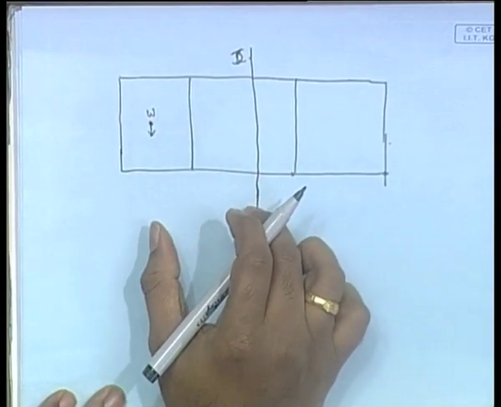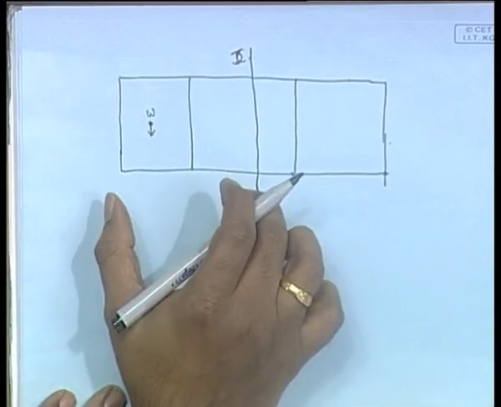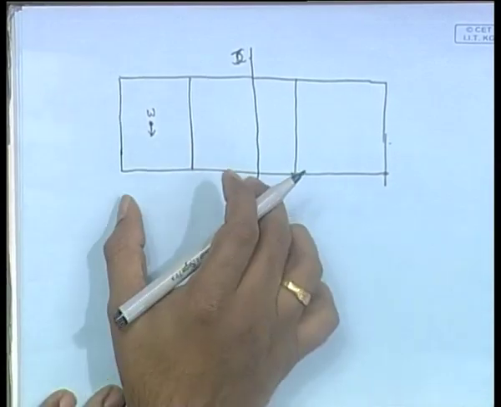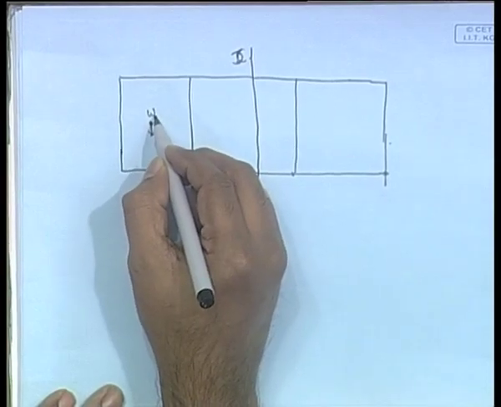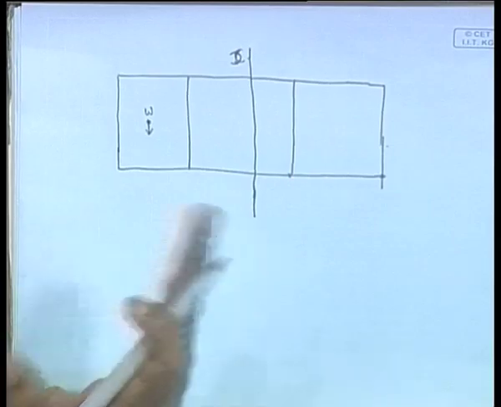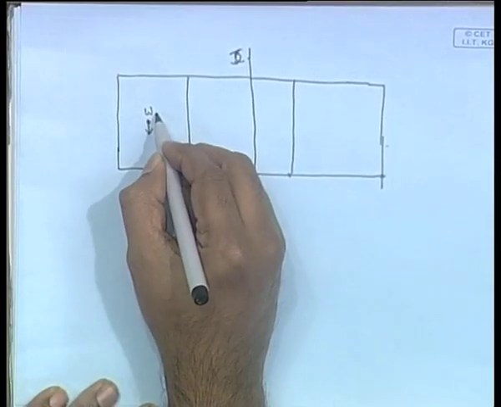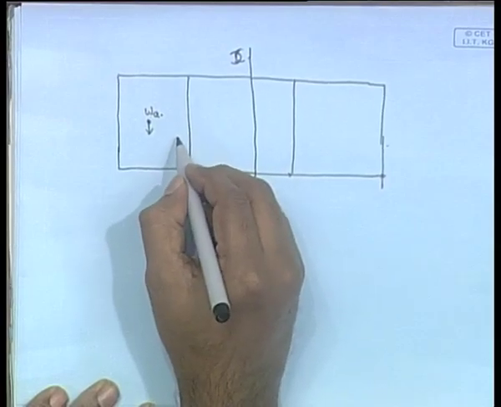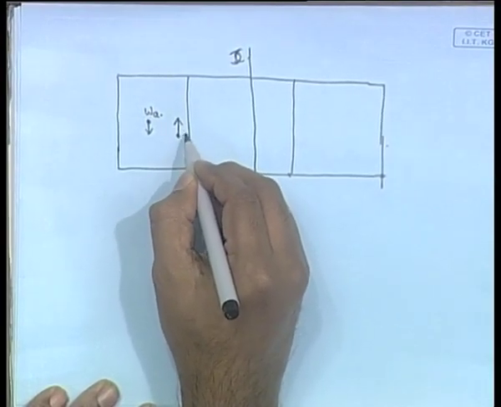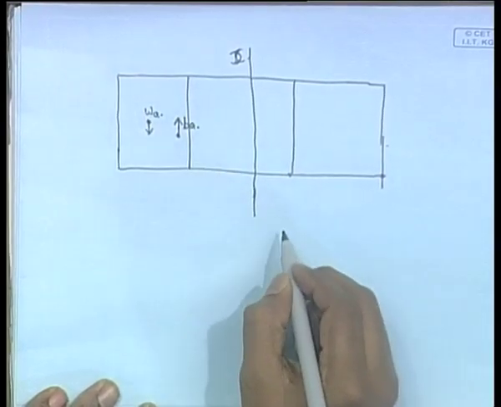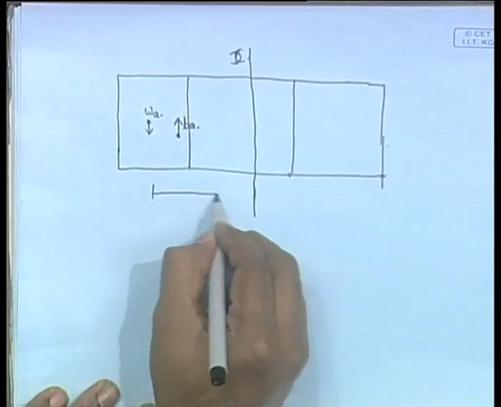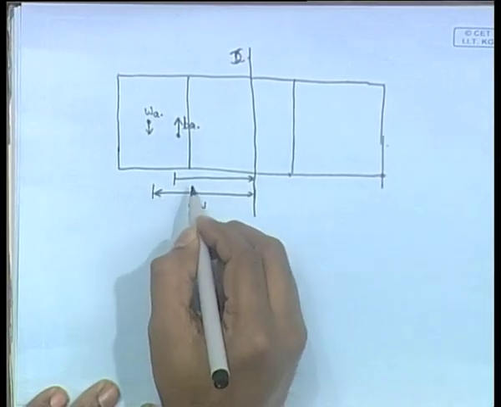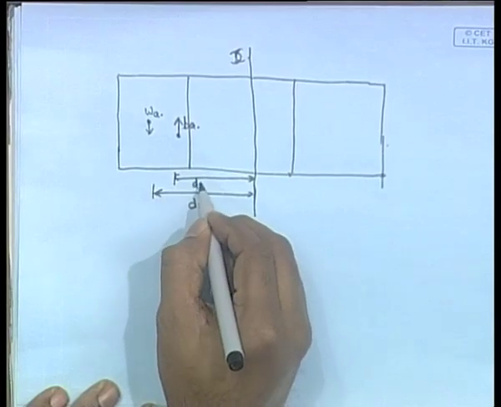From the midship we take the aft section, the whole of the latter half of the ship, the behind half of the ship. Let us suppose that the LCG of the back half alone is here, and we call this weight W_A, and let us suppose that the center of buoyancy is here somewhere. So, B_A is acting upward. Let us assume these distances to be d_W and d_B.